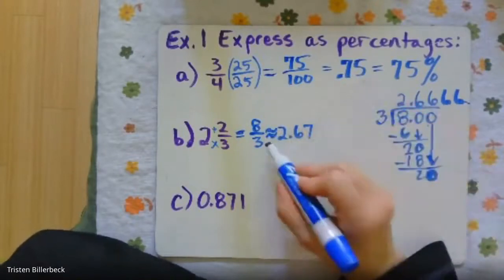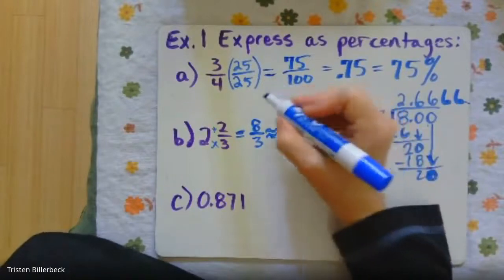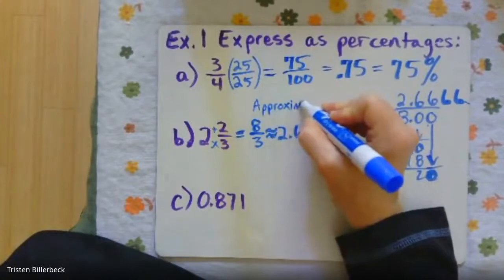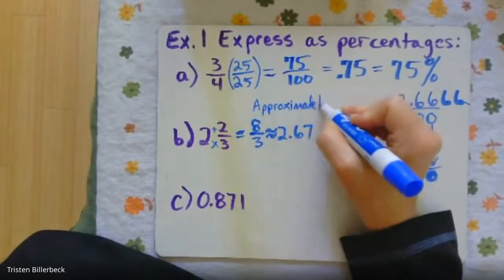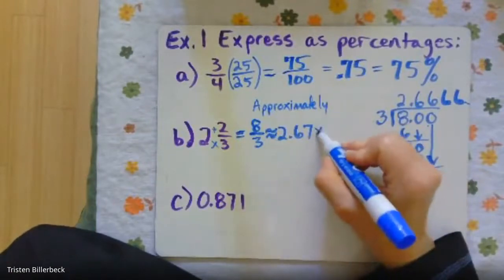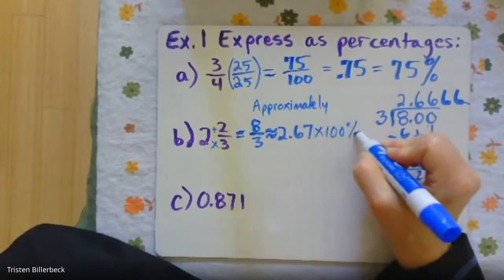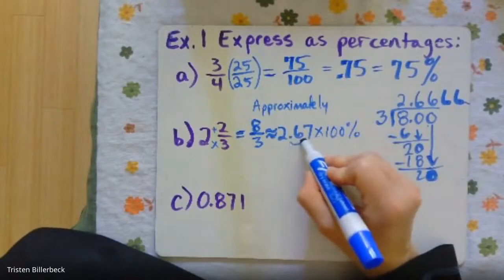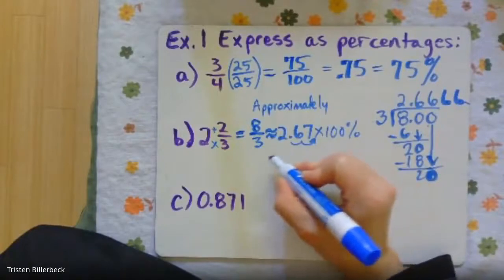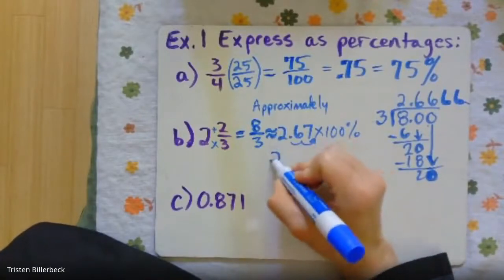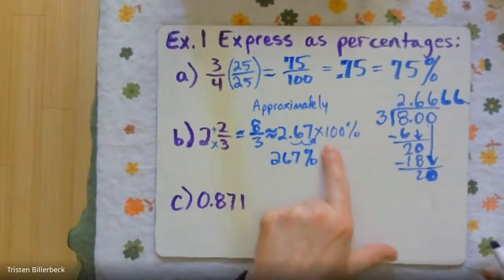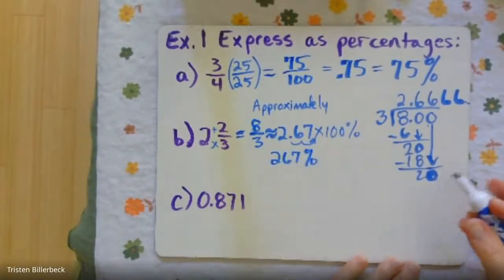So that means approximately 2.67. So if we want to multiply that by 100%, that's going to move the decimal over 2 spots, and that becomes 267%.